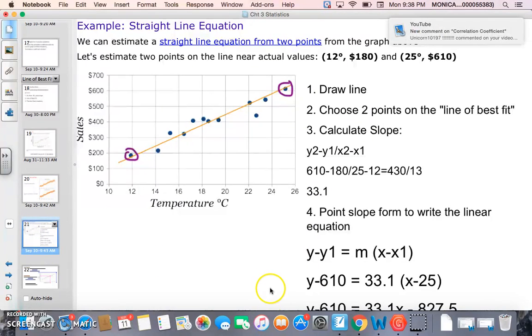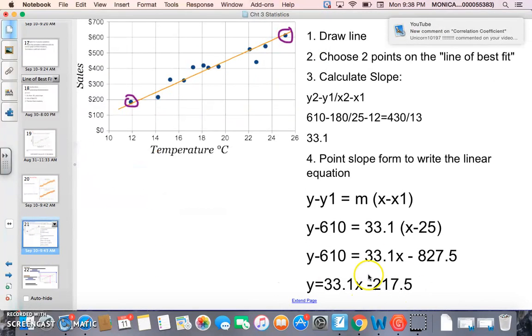For our B value, we had 217.5, very close. And that's simply because I rounded to 33.1. But you should end up with something very close. So you can calculate it by hand using slope formula and point slope form, or you can simply put it in your calculator and let the calculator calculate the line of regression for you.